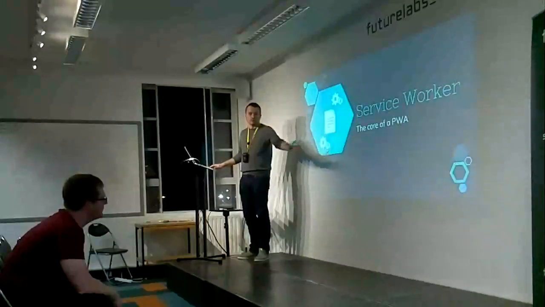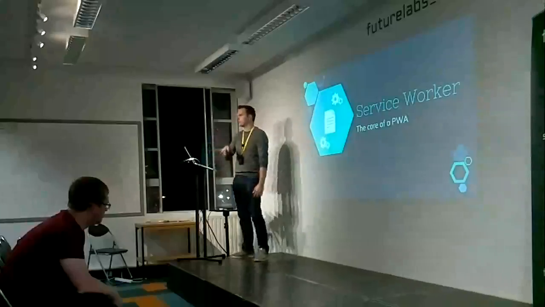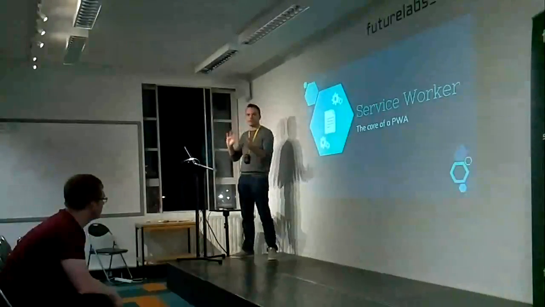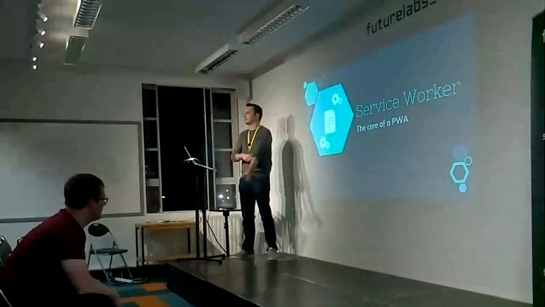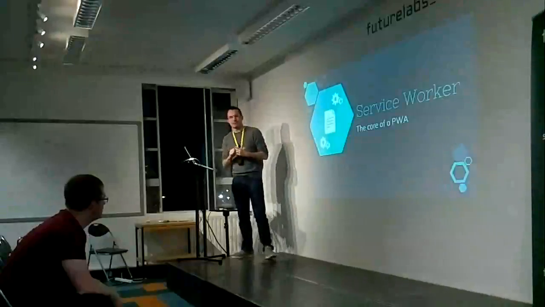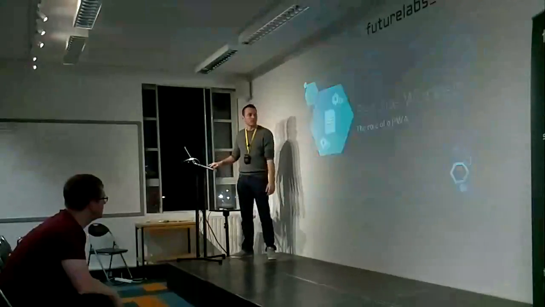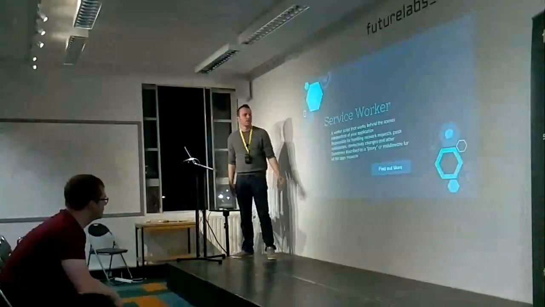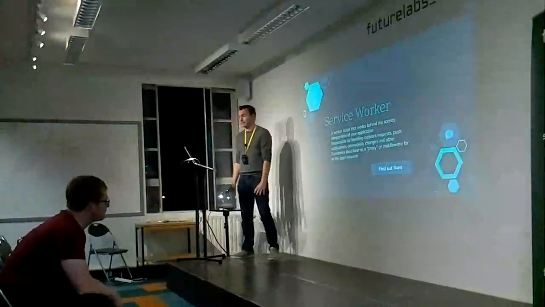Service worker. There was a speaker who did a presentation about Service Worker, and he showed us in detail what you can do with it. So I think I'll leave that outside of the scope of this presentation. But just quickly to explain what the Service Worker is, it's basically a worker script. It's JavaScript that works behind the scenes, independent of your application.